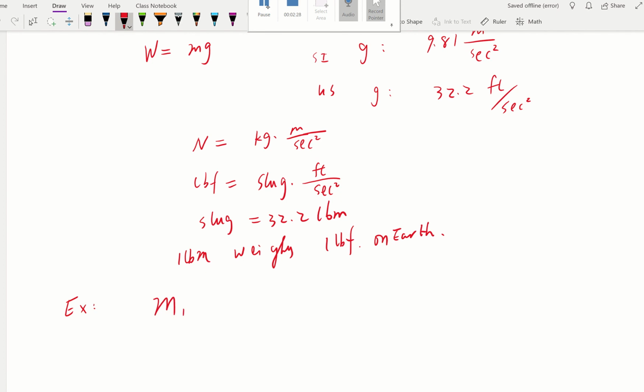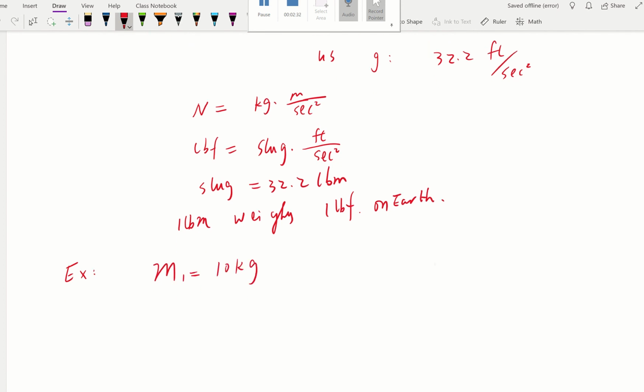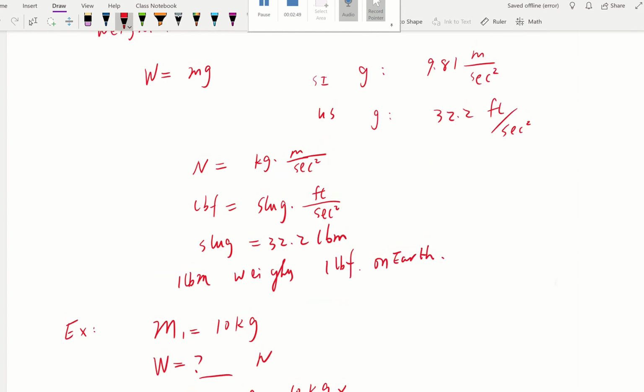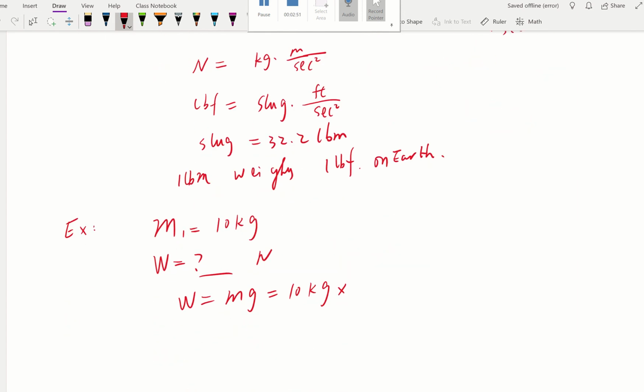Let's see, if mass is 10 kilogram, what's going to be the weight in Newton? In order to solve this one, we know weight is mg, and m is 10 kilogram, and for g, of course, we use the SI unit because we are using kilogram here.